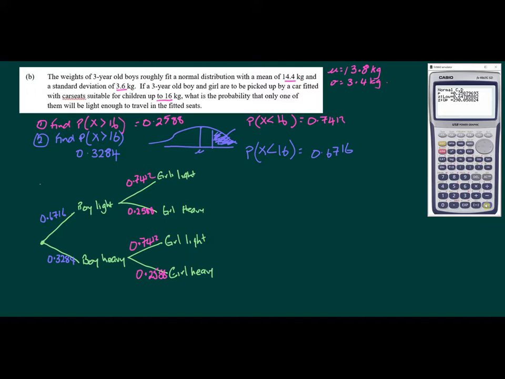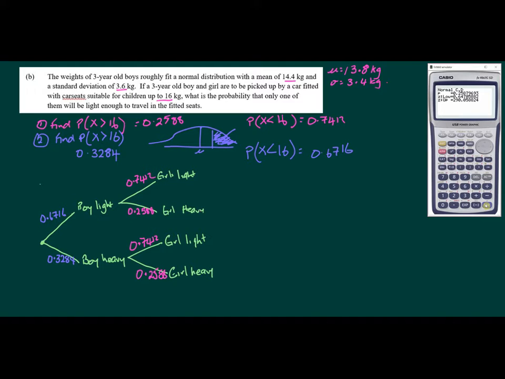So what we have to look at here is the options where only one of them will be light enough to fit in the travel seats. Working up the first branch, that's where the boy is light. If the girl is light too, that doesn't meet the requirement that only one is light enough.